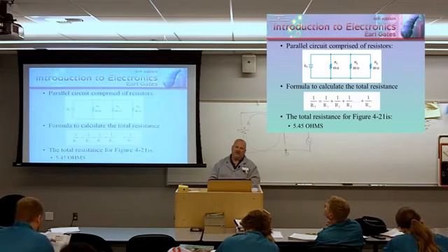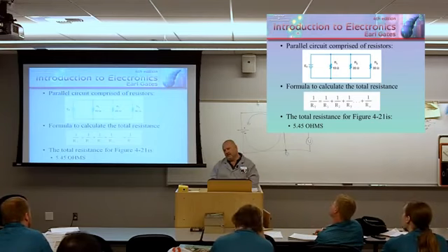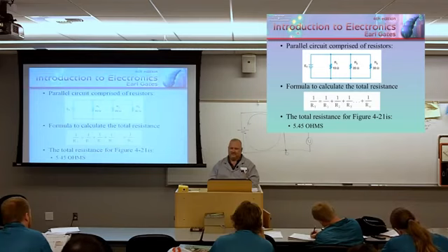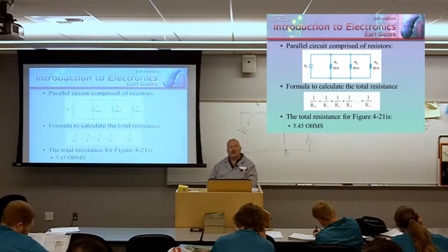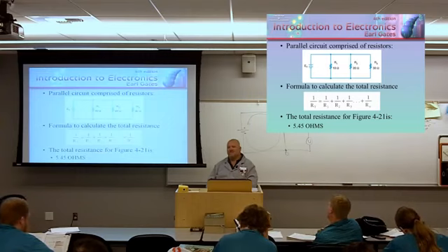The other thumb rule that I'm going to give you is if the values of resistance are all equal, you simply count up the number of resistors, take the resistance, and divide it by that number. As an example, if R3 is 30 ohms, R2 is 30 ohms, and R1 is 30 ohms, 30 divided by how many resistors? 30 divided by 3 equals 10.